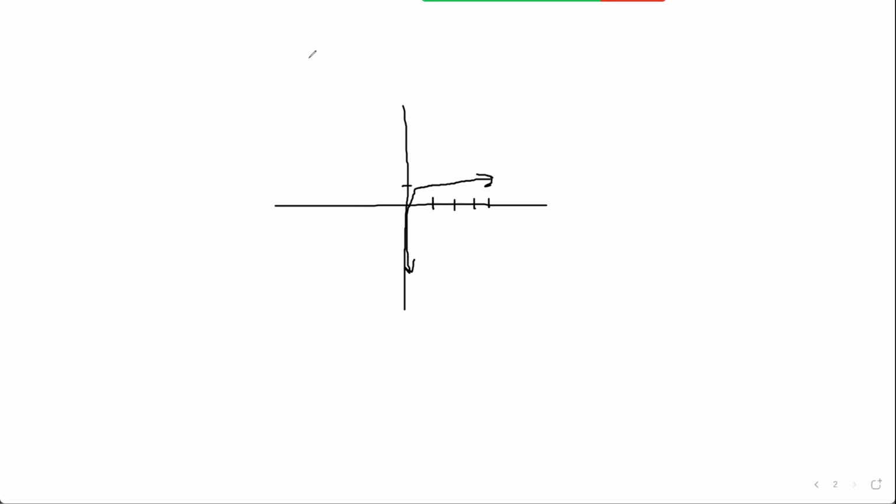So the function is always increasing, but levels out rapidly at the top.